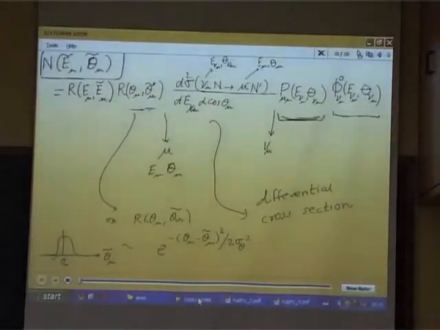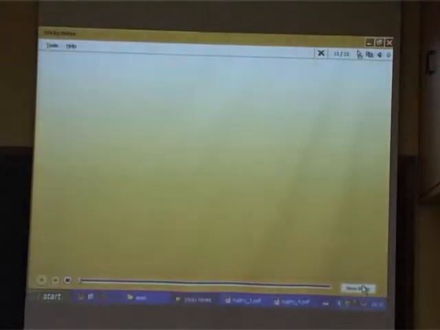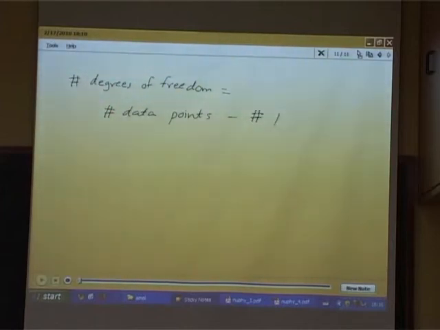Yes, the variance takes into account your resolution function. So the number of degrees of freedom is equal to the number of data points minus the number of parameters.